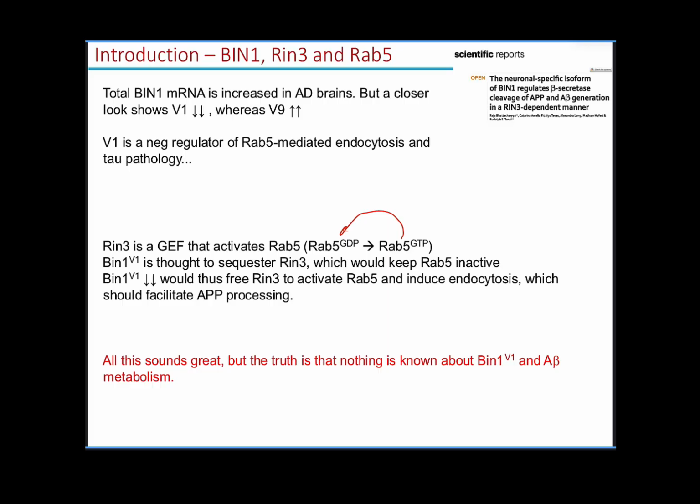So for them to be turned on again, they need help exchanging that GDP for GTP so that they can become active again. And that's where the GDP-GTP exchange factors come in, like Rin3. So Rin3 is helping RAP5 swap a GDP for a GTP and be turned on.